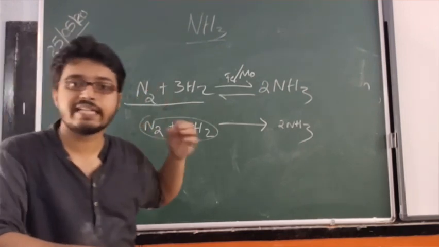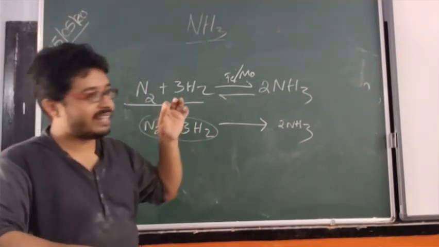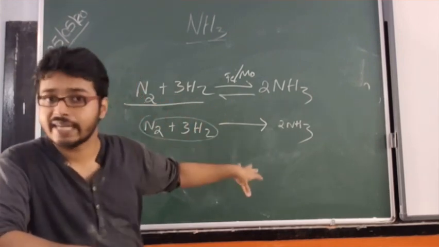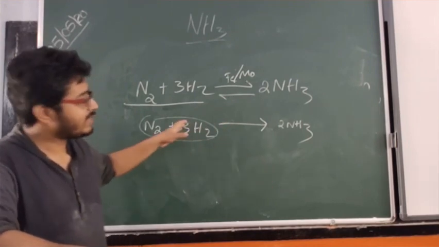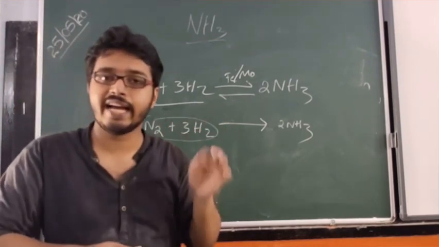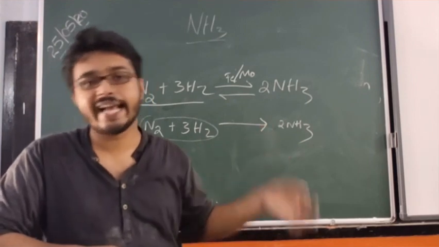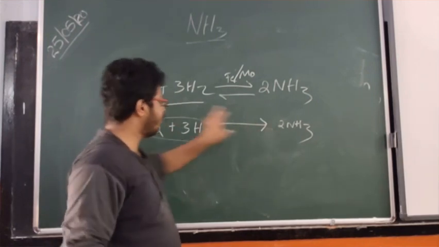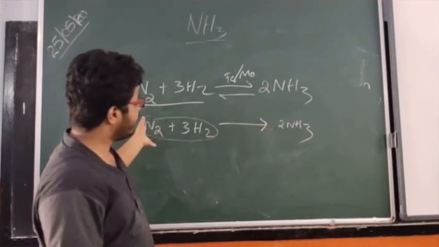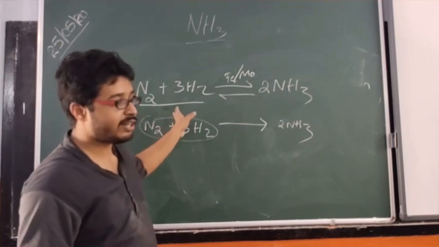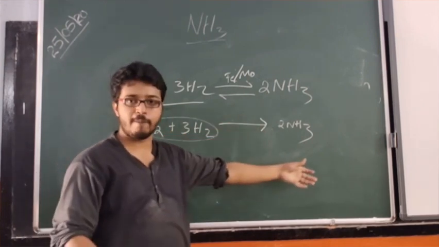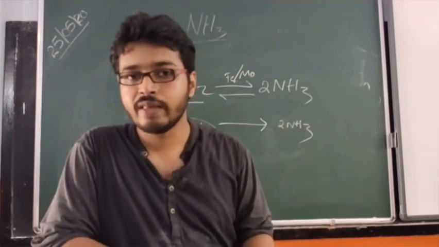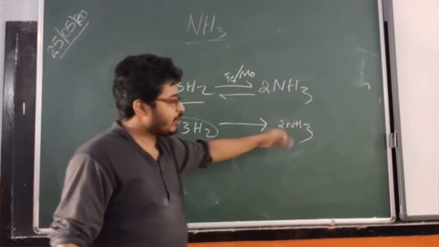So if the amount of reactants is more, there will be a reaction which favors decreasing the amount of nitrogen or hydrogen that we are adding. In other words, if we are continuously adding nitrogen and hydrogen to the catalytic chamber, it will favor the production of ammonia by converting the reactants, N2 plus 3H2, into ammonia. It will try to reduce the extra added N2 and H2 by converting them into ammonia.